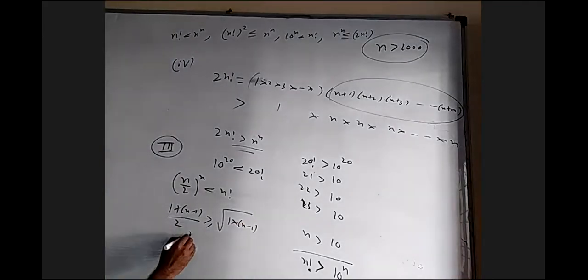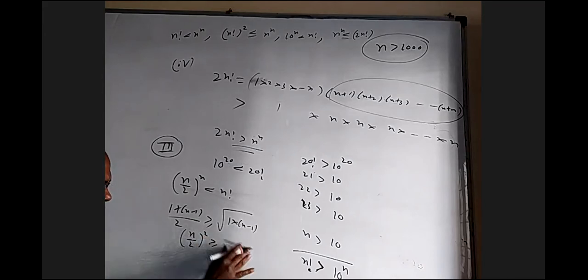So (n/2) whole square is greater than or equal to 1 into n minus 1. Similarly, (n/2) whole square is greater than or equal to 2 into n minus 2. Similarly, (n/2) whole square is greater than or equal to 3 into n minus 3.